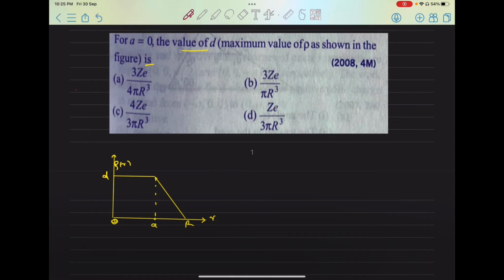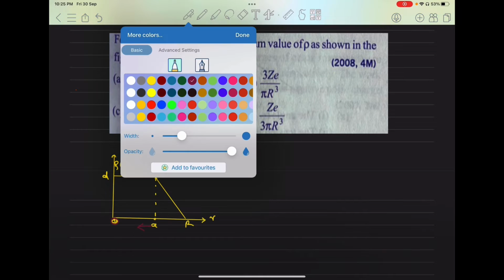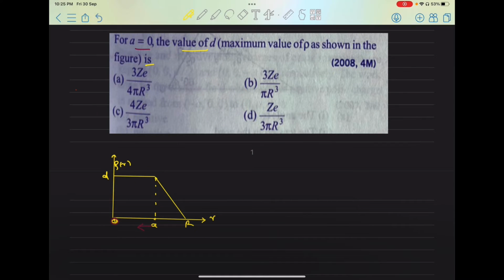that we are making a equal to 0, or we are bringing this a towards the origin. Okay, and once we do that, how will our graph look? After making a equal to 0, the graph will look like this. So rho of R, there won't be any constant part of charge density, and charge density will look like this only.